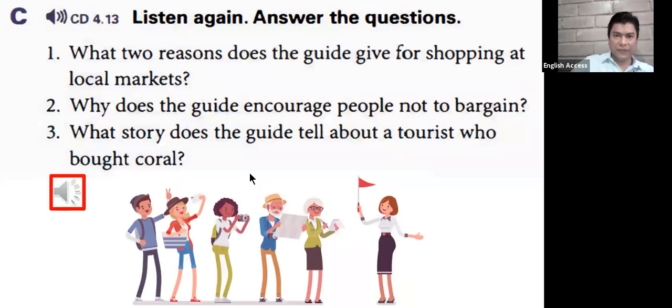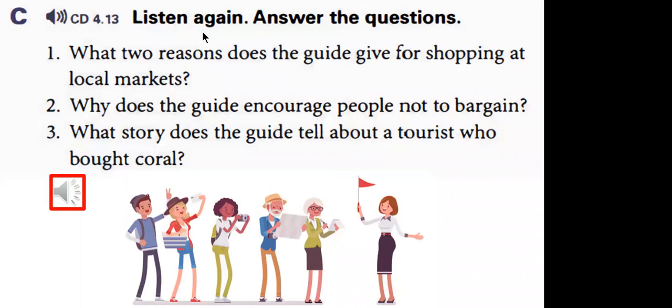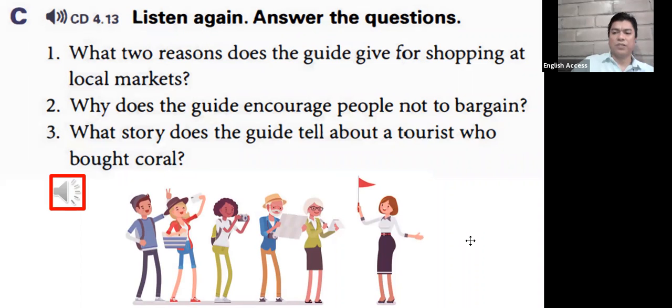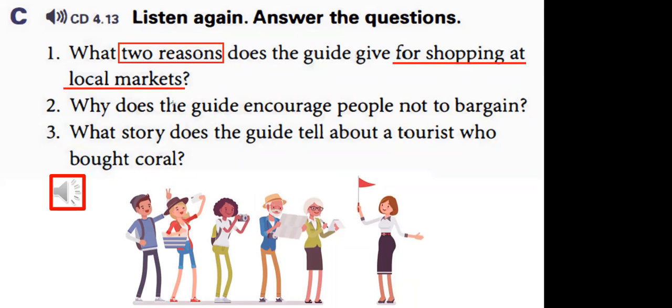No. Okay. Now, listen again and answer these questions. What 2 reasons does the guide give for shopping at local markets? Do you remember the reasons? 2 reasons for shopping at local markets. Because it helps that community.